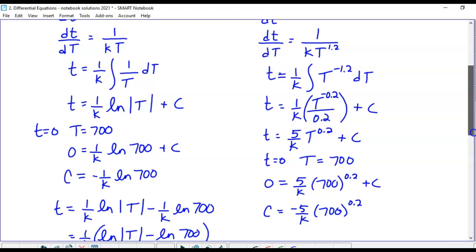Sorry, negative 0.2, negative 0.2, negative, negative, and then that's going to be positive.